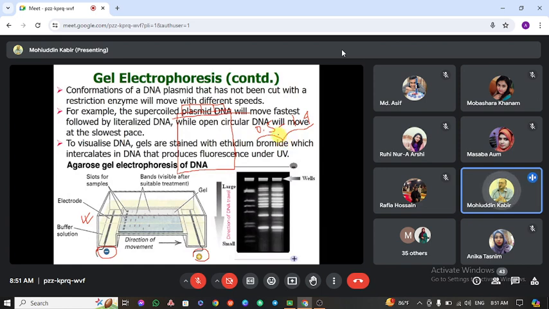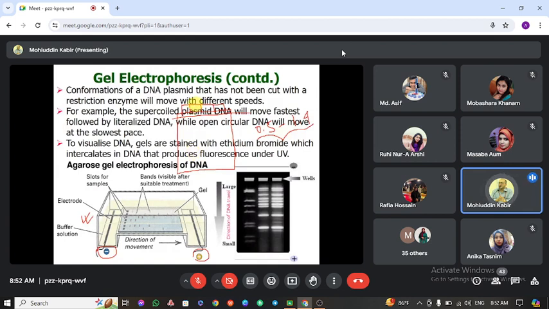When we prepare this agarose solution, we add ethidium bromide. So when they are in liquid form, after heating or after melting, we pour the solution into that casting chamber. So when they cool down, they become solid.